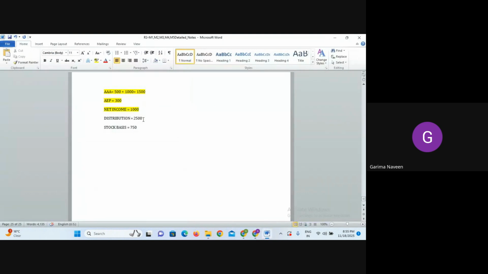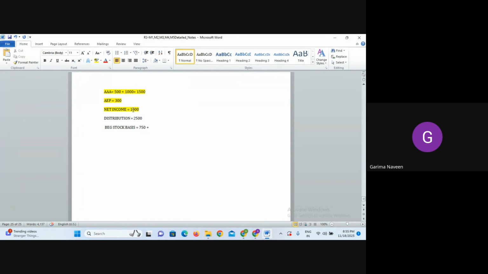Okay. So now you are making a distribution of $2,500. Let's also take the stock basis beginning balance. Your stock basis is $750 at the beginning of the year. Since this is an S corporation, whatever income you earn flows to the individual.